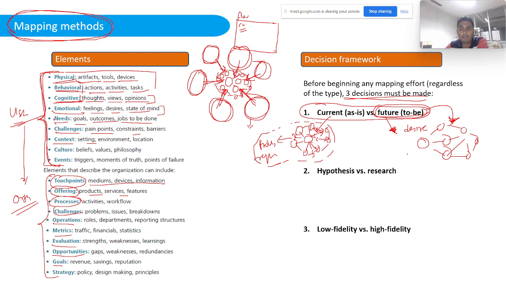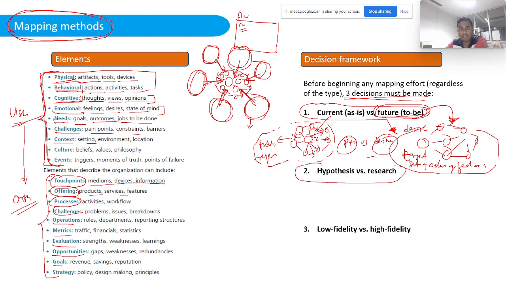So those can be used as a target set of actions or features or activities. Okay, so this gives you a problem. Probably that particular mapping will help you in understanding the gap between the desired scenario and the present scenario. Okay. So this is the very first thing that we need to consider.